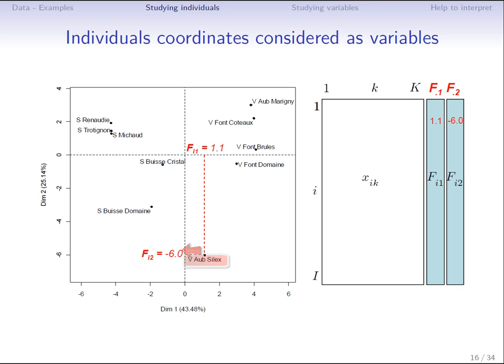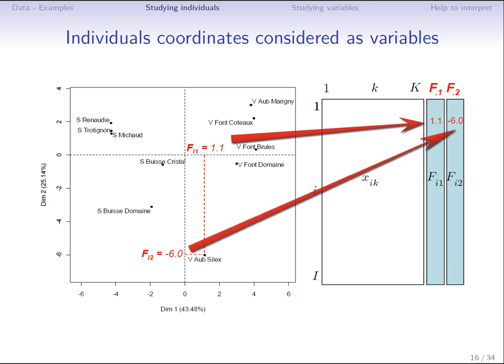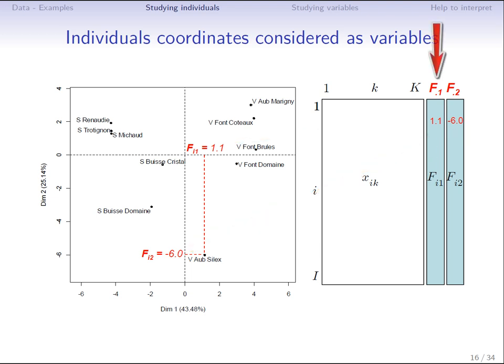So for each individual I consider its coordinate on the horizontal axis and on the vertical axis. So I can create two vectors, a first vector which includes the coordinates for all the individuals on the first dimension, and a second vector that includes the coordinates for all the individuals on the second dimension. Therefore, these vectors have the same number of coordinates as the number of individuals in the data table.